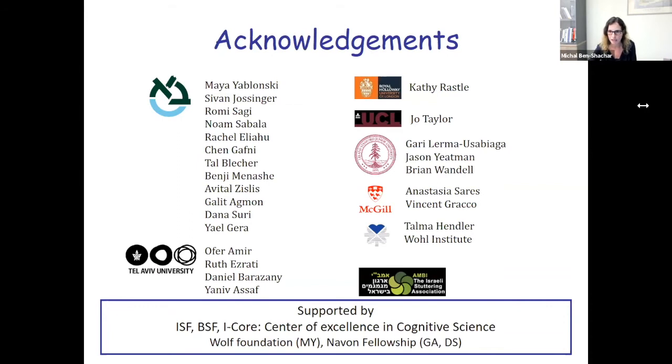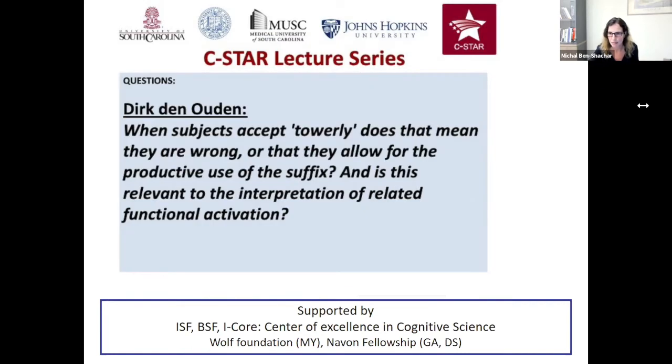Okay, Dirk, the second one is from you. It says, when subjects accept "towerly," does that mean they are wrong or that they allow for the productive use of the suffix? And is this relevant to the interpretation of related functional activation?